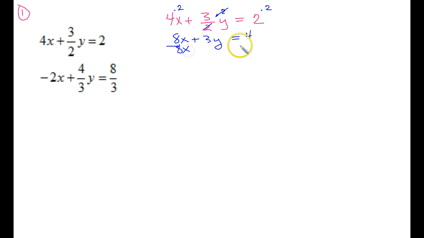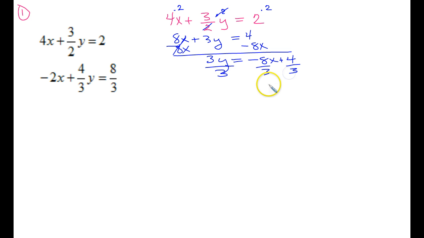So I'll get my 8x on the other side by subtracting it so it cancels. Then I will have negative 8x plus 4. Then I'll divide everything by 3. And so this equation finally looks like y equals negative 8/3 x plus 4/3.